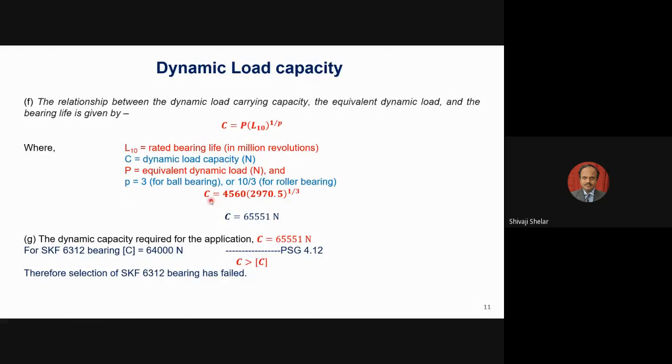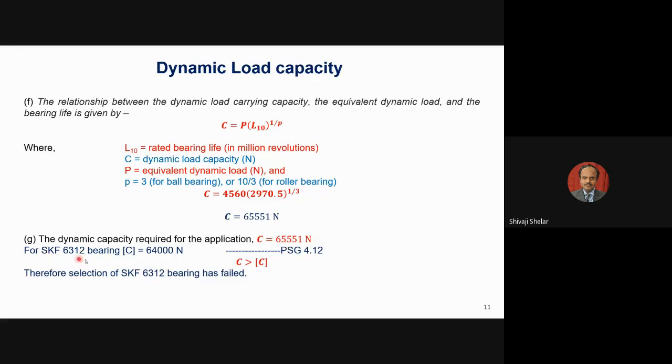So we require a dynamic capacity of 4560 into 2970, this new value of L10, raised to 1 by 3. So the required capacity C here is 65,551 Newton. Now this is the required value for 93% reliability.